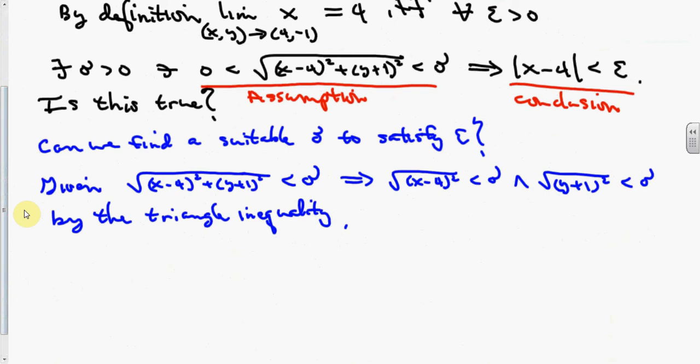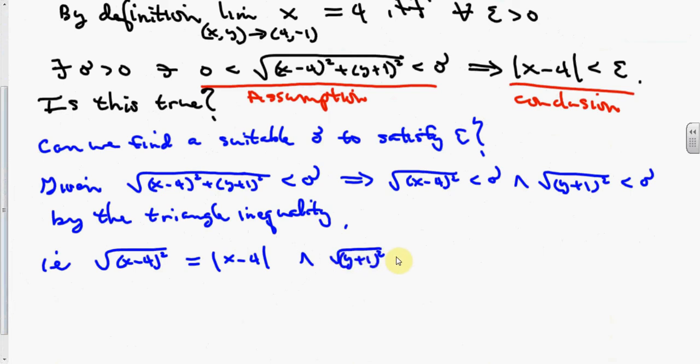Now, if that's the case, then this square root of (x minus 4) squared is equal to the absolute value of x minus 4. And the square root of (y plus 1) squared is equal to the absolute value of y plus 1.